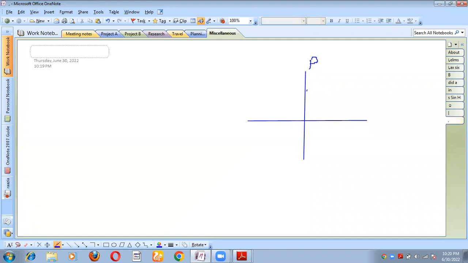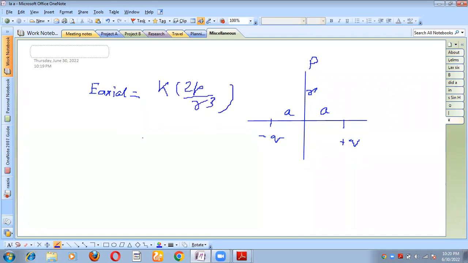Suppose this distance is R, and the dipole is like this, minus Q, plus Q. So we know the electric field at an axial point of a dipole. What is it? It is K2P by R cube. Yes, K2P by R cube is the electric field at the axial point.